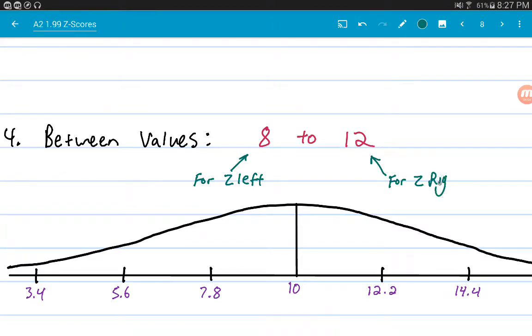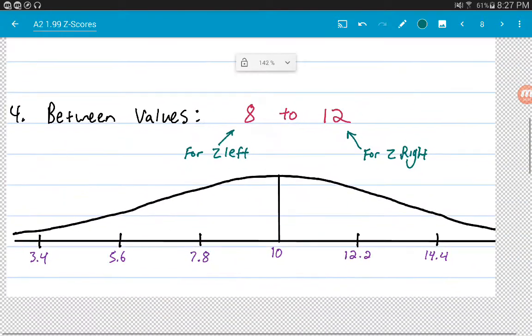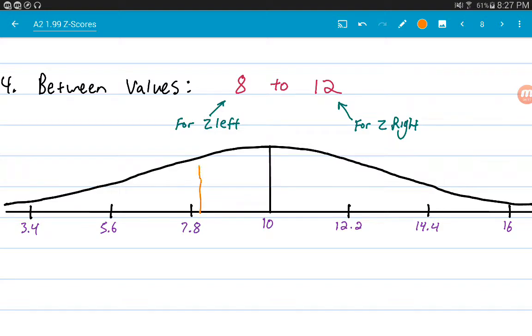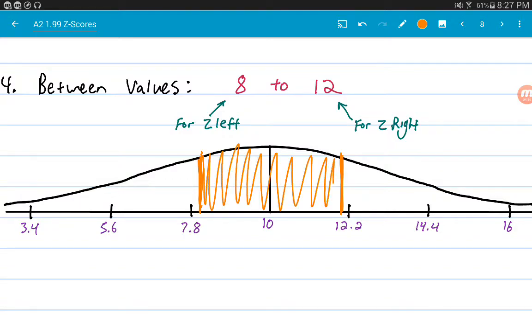Those are not the z values yet. 8 is right around here, and 12 is right around here. So what I want is everything in this region, but I need to know what this z is, and what this z is, in order to plug them into the calculator.